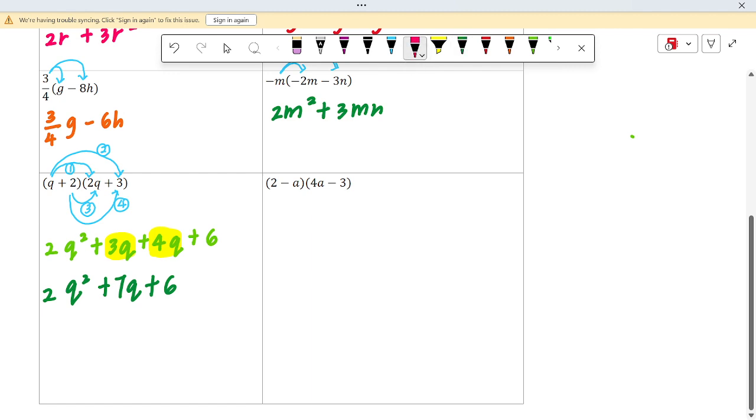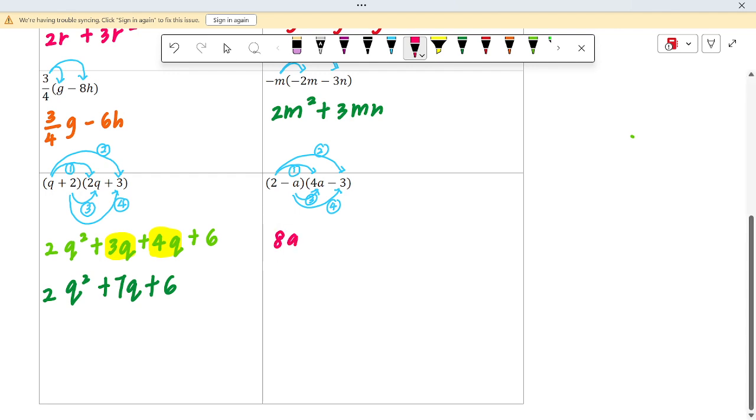Next one, let's try the next one. 1, 2, 3, and 4. So let's number them. 1, 2, 3, and 4. So let's start expanding now. Here you have to be very careful as they have negative there. So the first one, 2 times 4, 8, it will give you 8a.